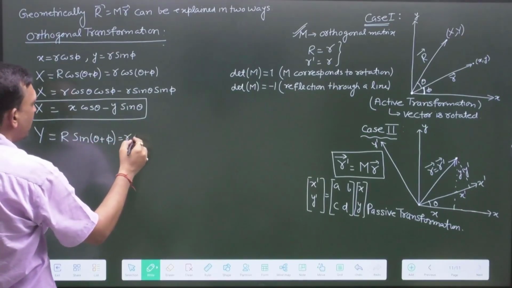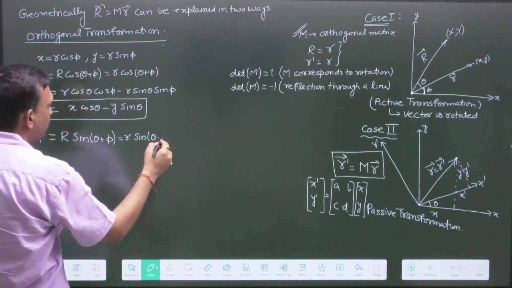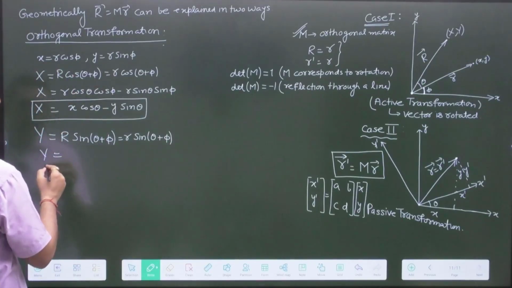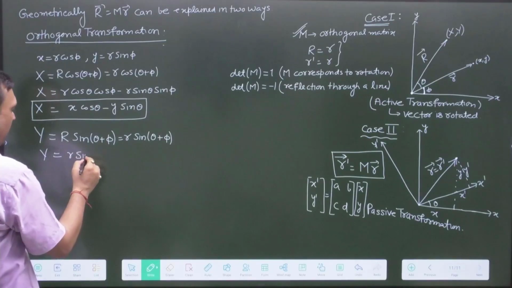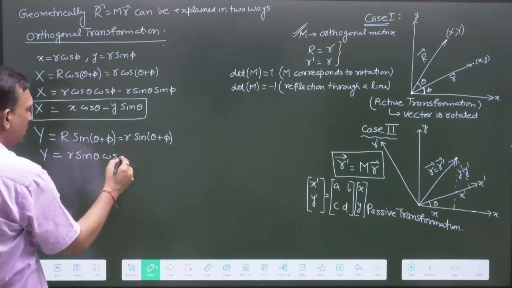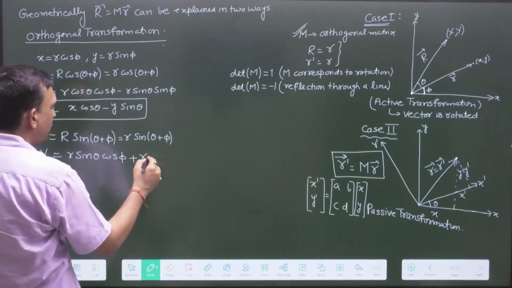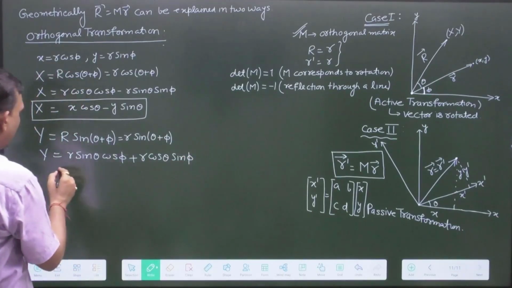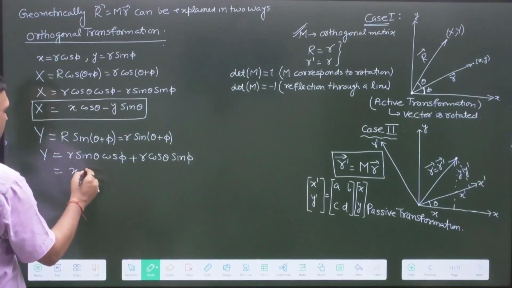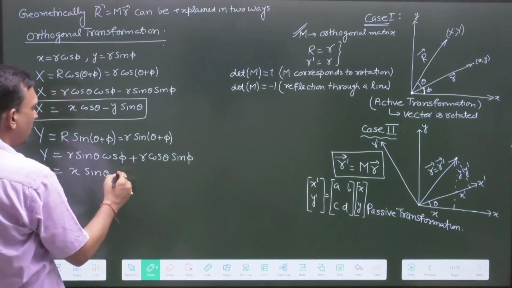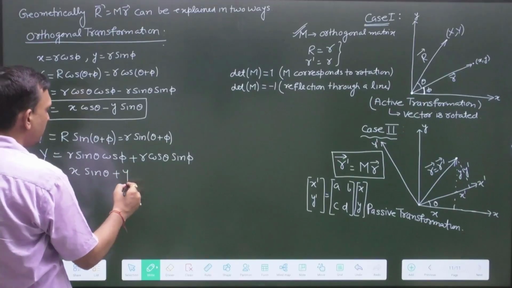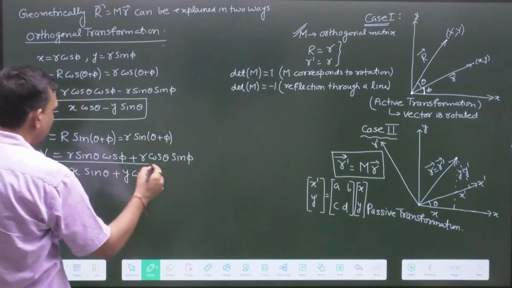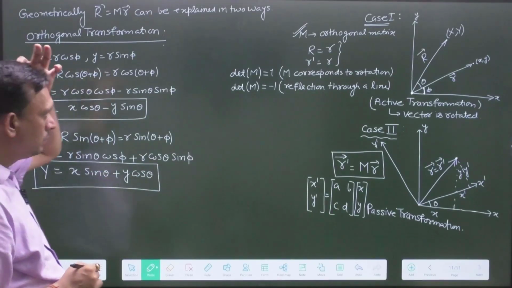So that is small r sin theta plus phi, and this will be given by sin A cos B plus cos A sin B. So r cos phi is what? x sin theta, and this is plus y cos theta. This will be capital Y. Yes or no?